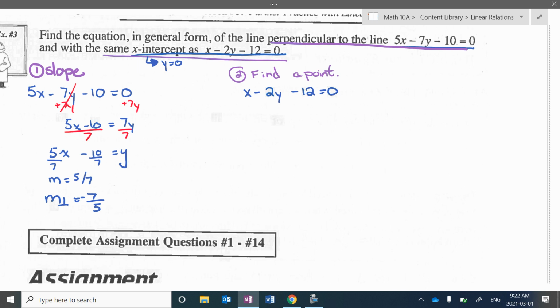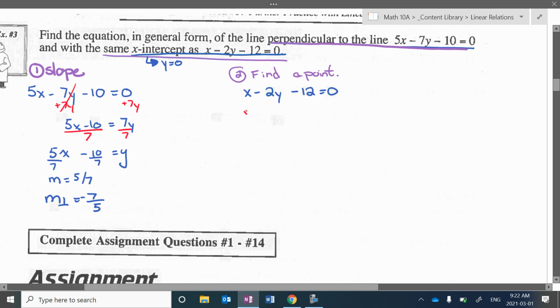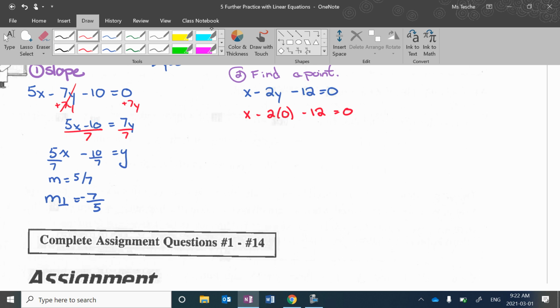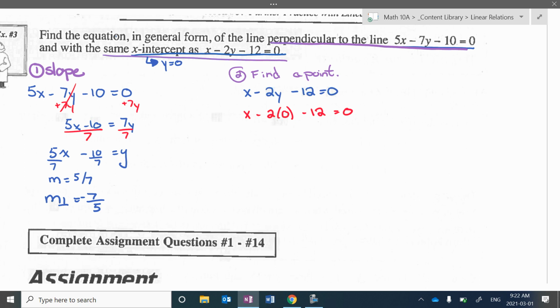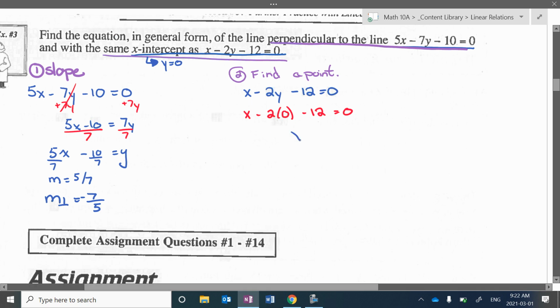So if I plug 0 in for y, I now have one variable, and I can find what our x value is. So I can find the coordinates of our x-intercept. 2 times 0 is 0, so I get x minus 12 equals 0. So that means we have a point at (12, 0).